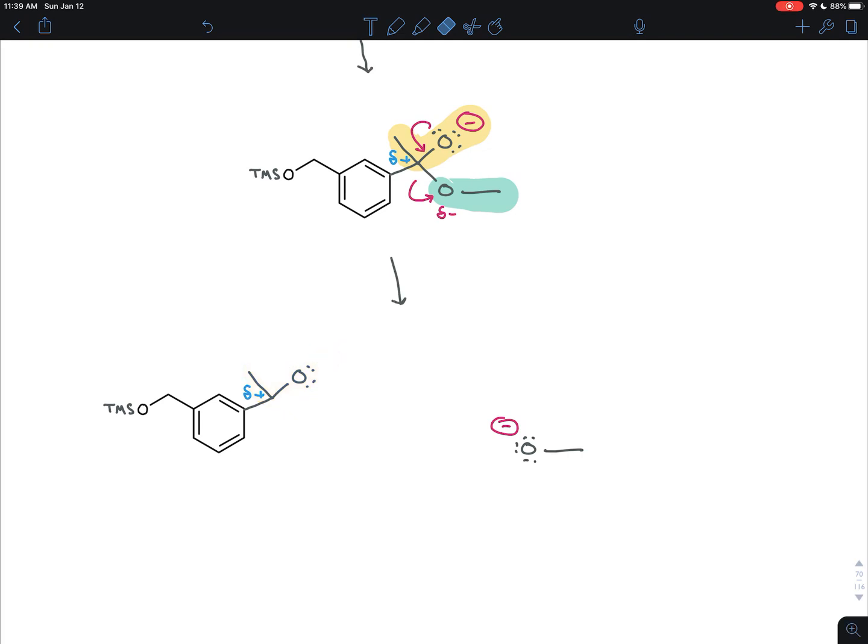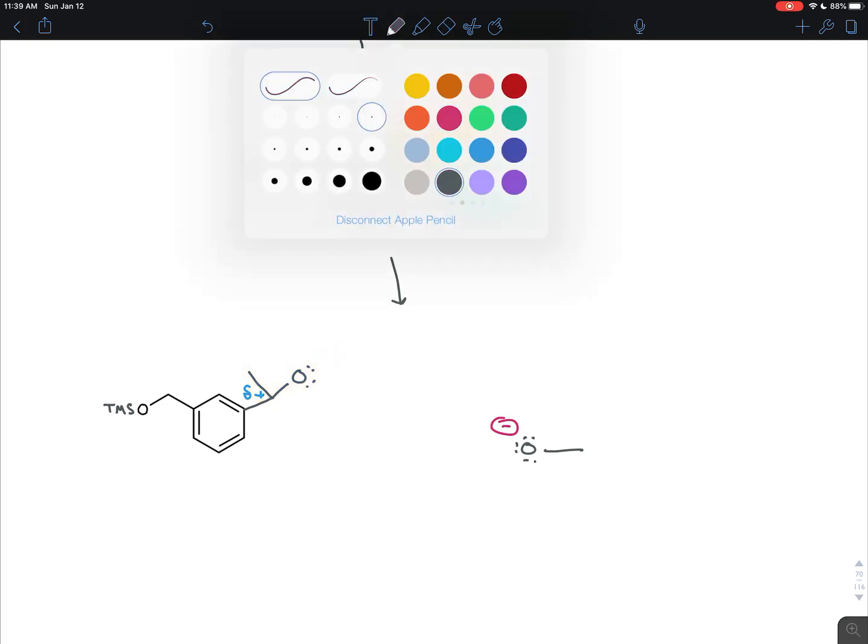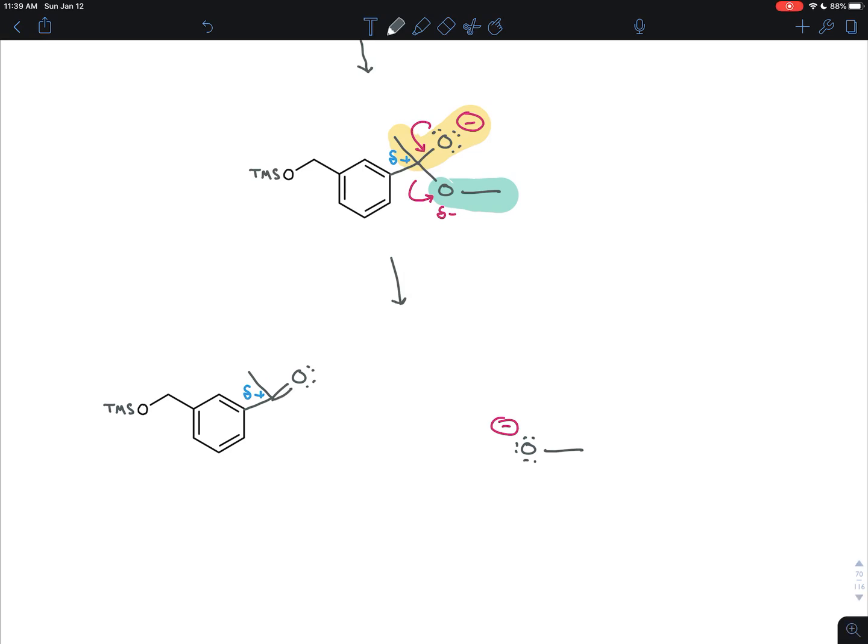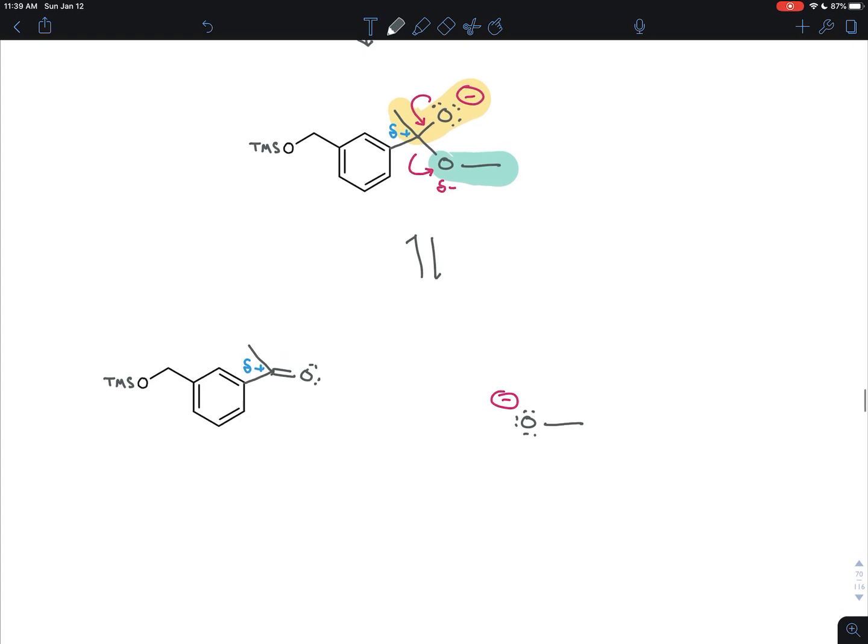Even after it leaves, this is just an oxygen with a full negative charge, and that's what this was. So really, those are about equally unstable, and they form a sort of equilibrium. So this reaction goes back and forth over and over again, but at any point, you will have some of these molecules here.